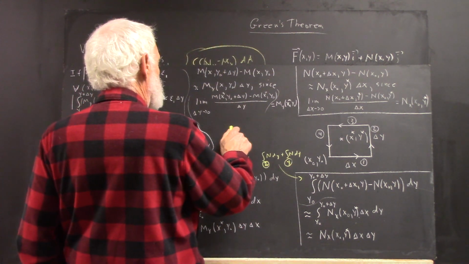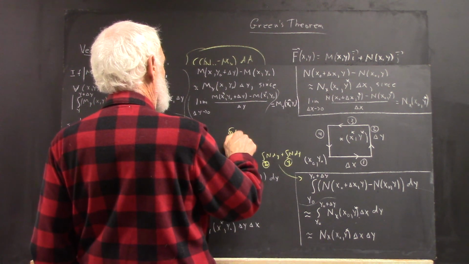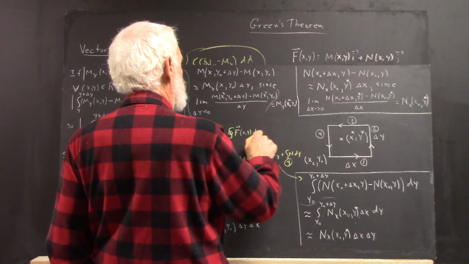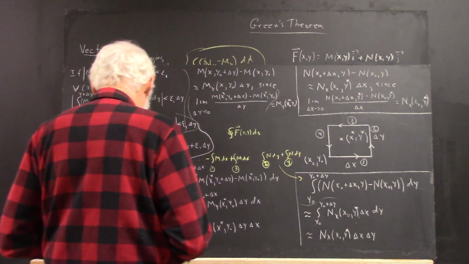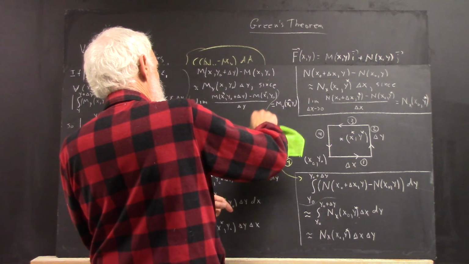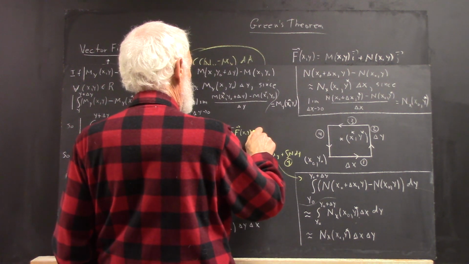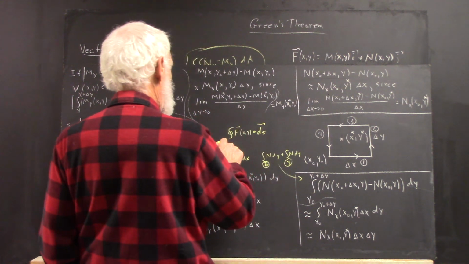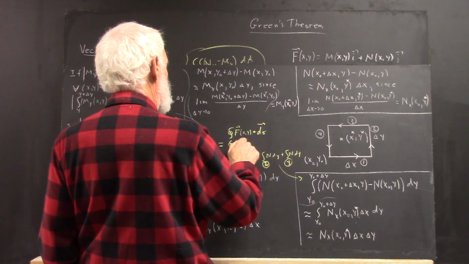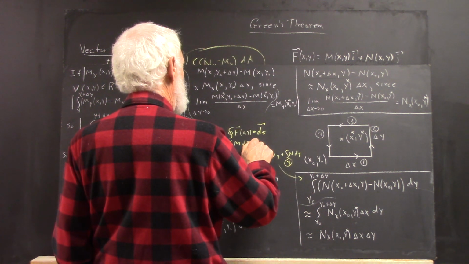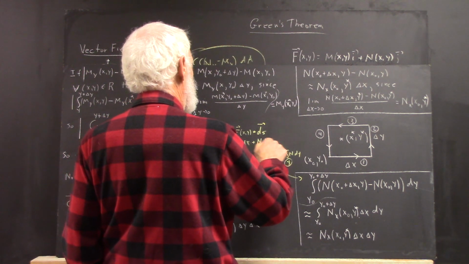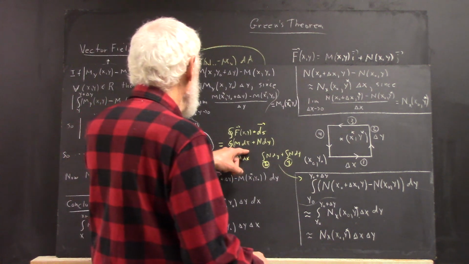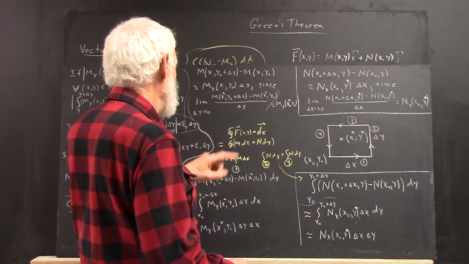So the integral around here of your f of x, y, your path integral, and it's a dot product, is the integral of m dx plus n dy, which is equal to, well, the negative of this plus this.